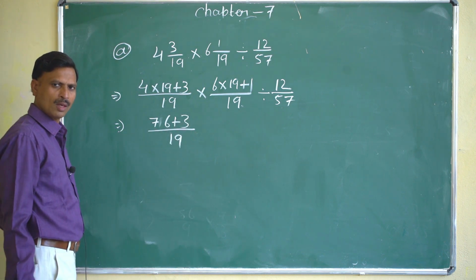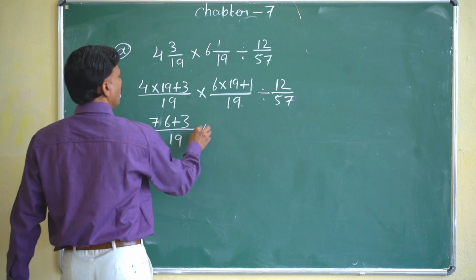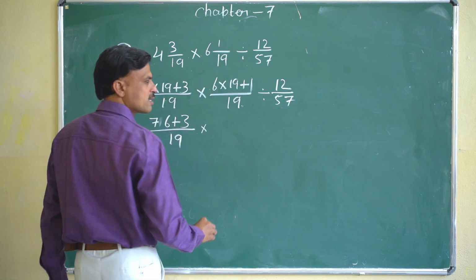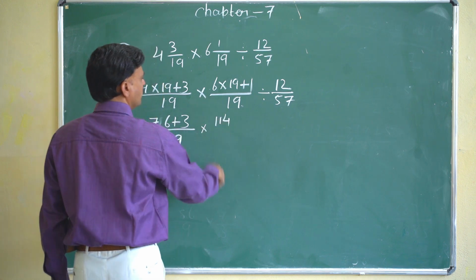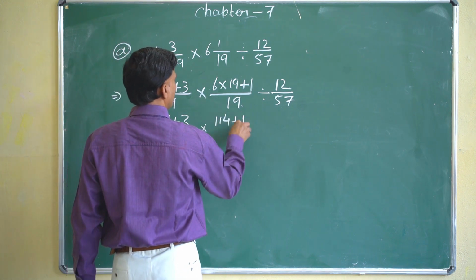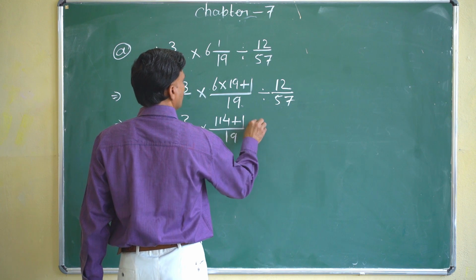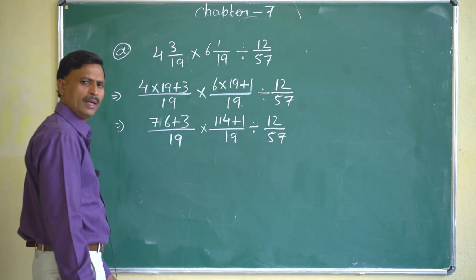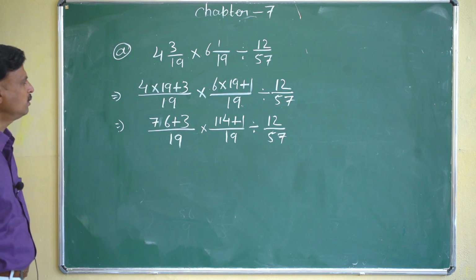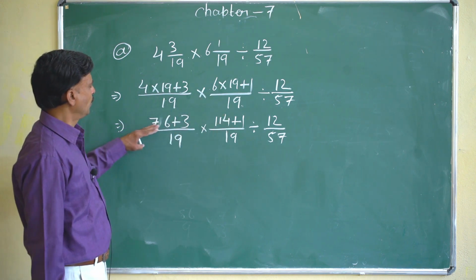Got it? Right. Here 19 into 6, that is 114 plus 1 upon 19, divided by 12 upon 57. Right? Any problem right now? So what does it become?